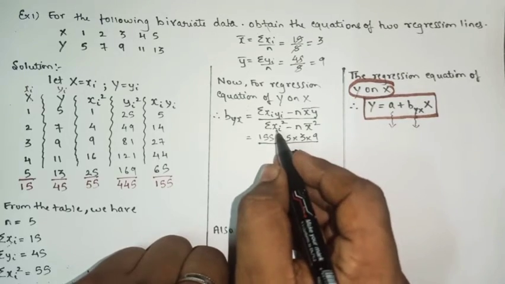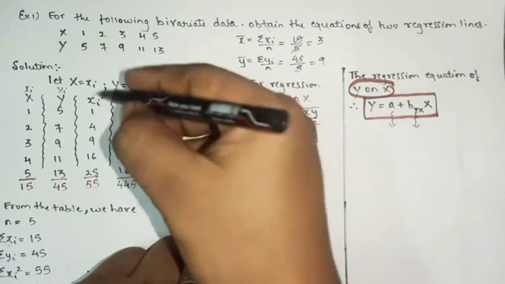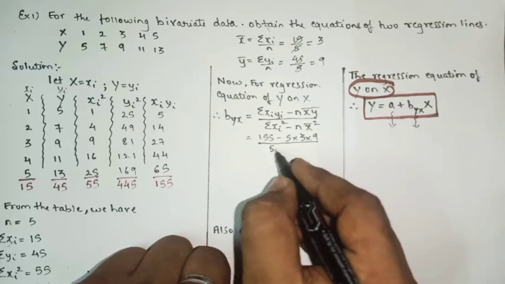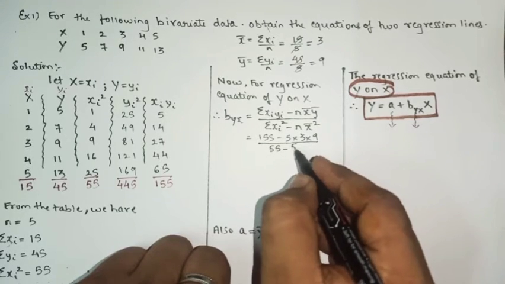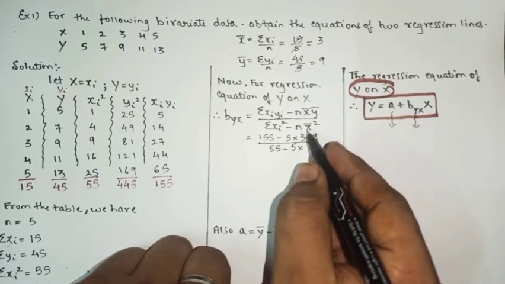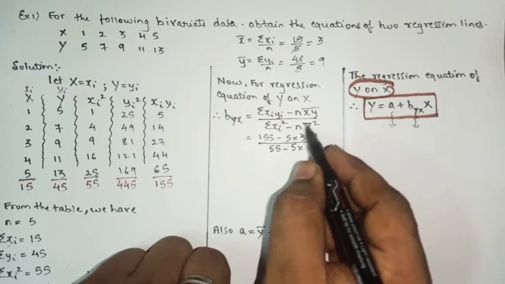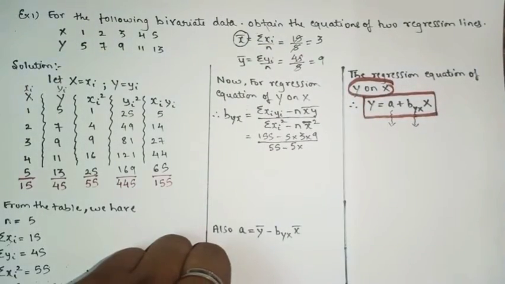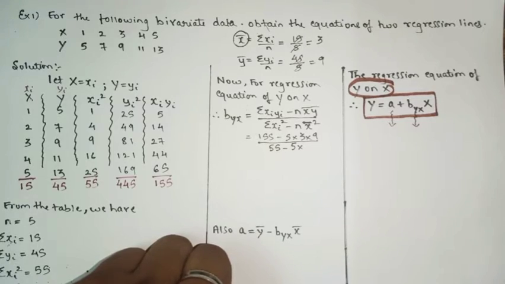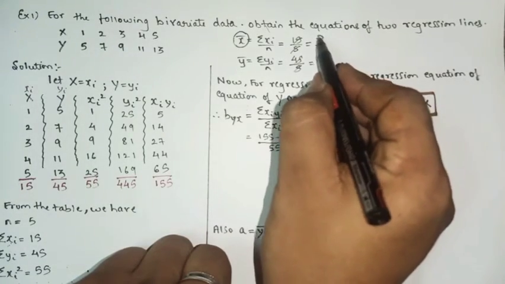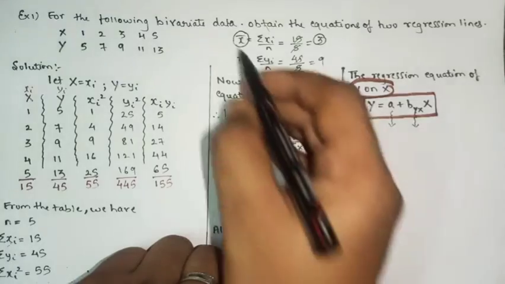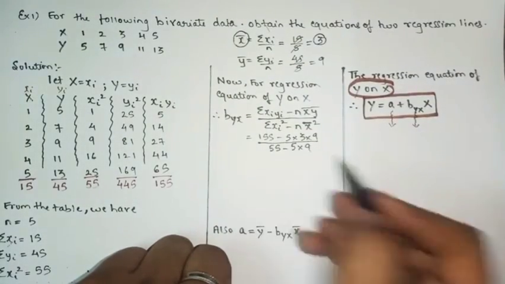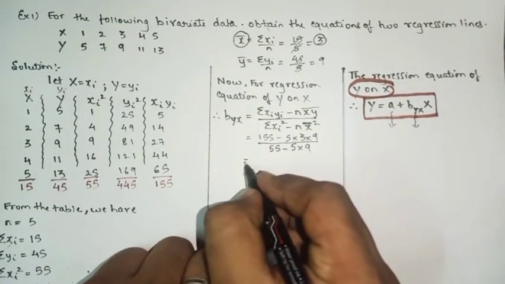Divided by total of xi square, which is 55, minus n, which is 5, into x mean square. So x mean is 3, and the square of 3 is 9.